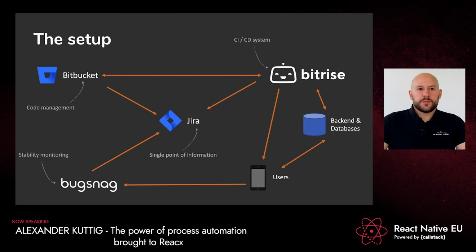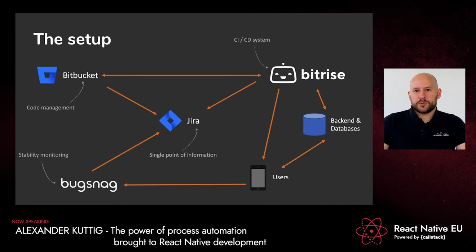Important thing for the stability monitoring system, again, Bugsnag is just an example, and the tool we use, you could also use Crashlytics or Sentry or Instabug or again MS App Center. Important thing is the system should be able to report information to your single point of information. So I'll talk more about this later.